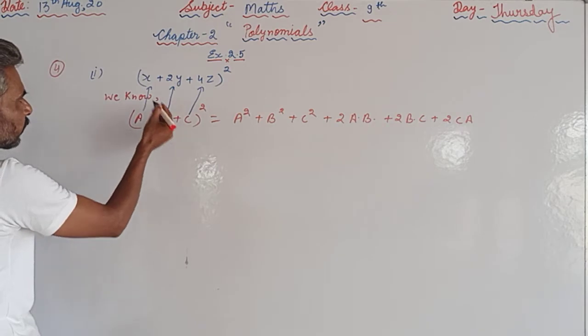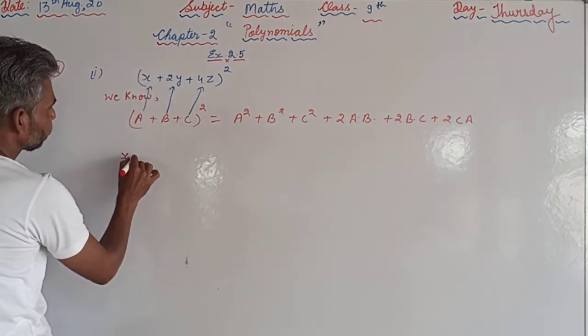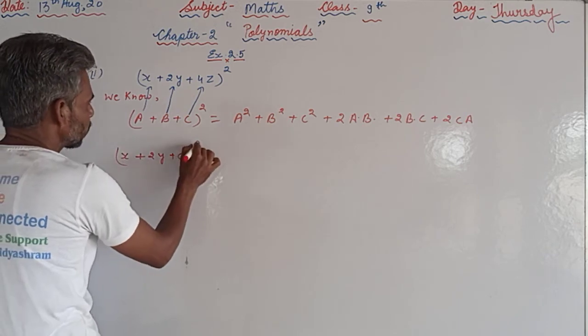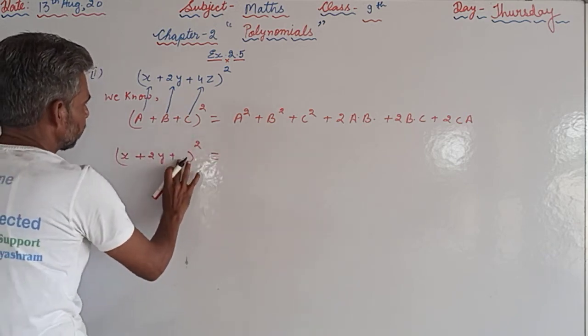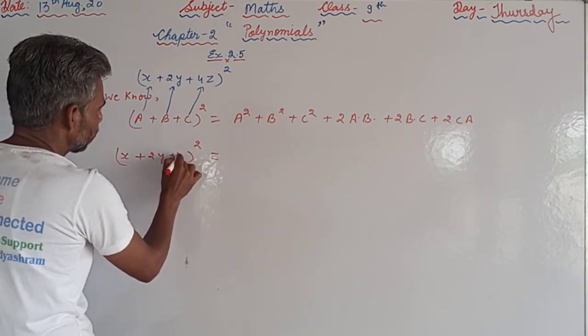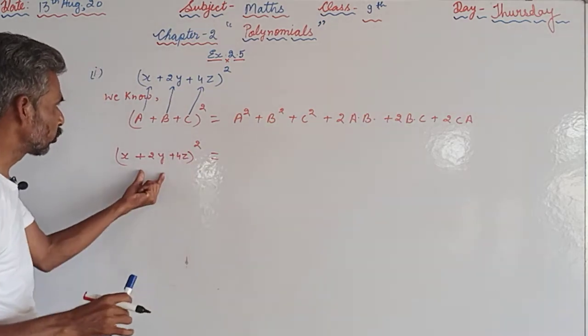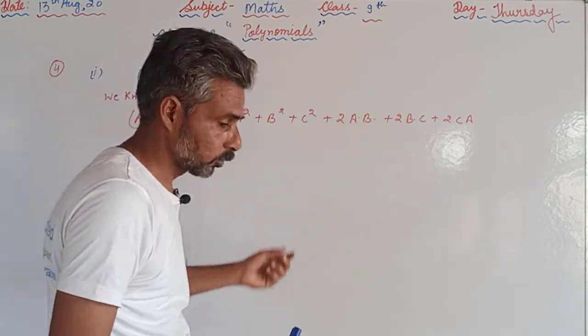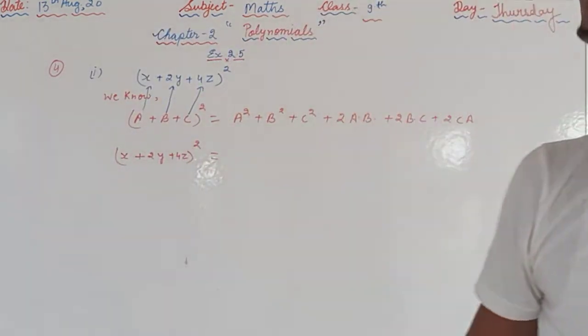So by substituting we will get (x + 2y + 4z) whole square, that is the question we are getting here. So we will substitute the values of a, b and c on the right hand side as well.